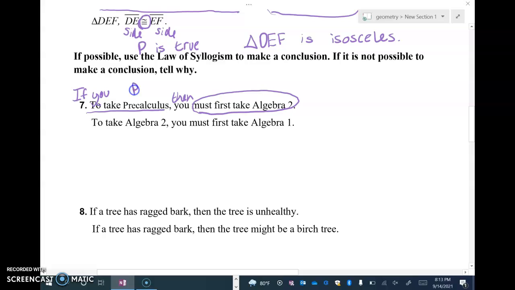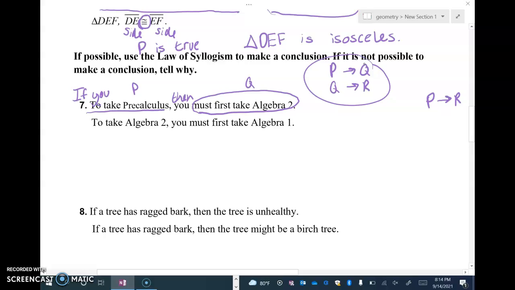So P and Q. And remember, law of syllogism, we're looking for if P, then Q, and if Q, then R. So that way we can say if P, then R is true. So we need both of these here.